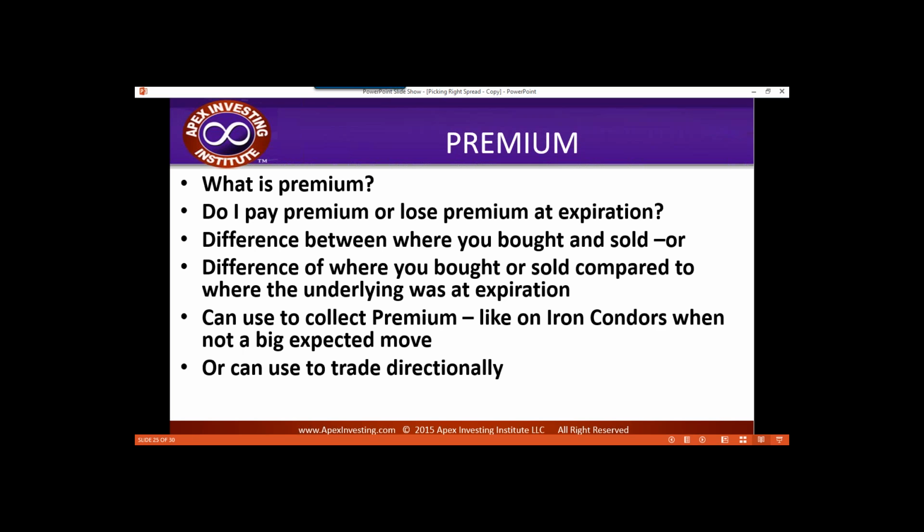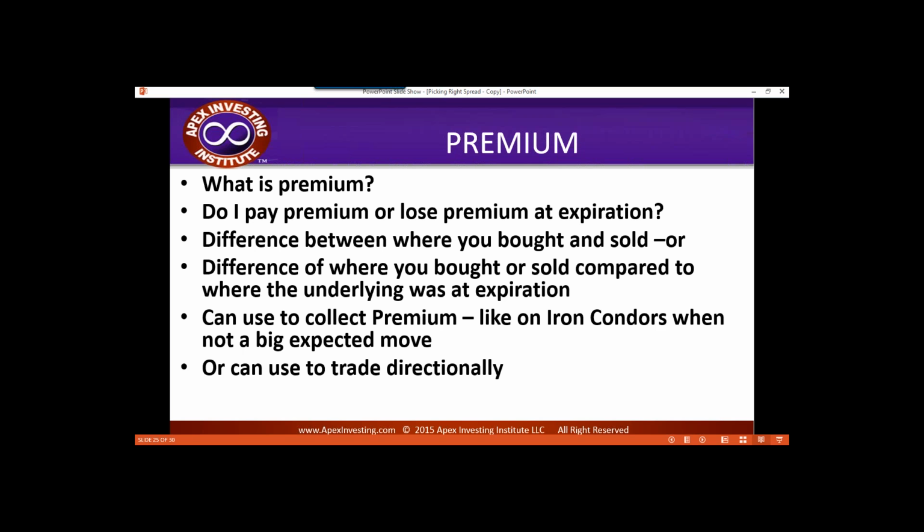You can explain it as insurance that you pay, where you're paying a little extra to have coverage, like paying an insurance policy on your house each year to have your house covered. The question is, do you want to pay premium or do you want to collect premium?